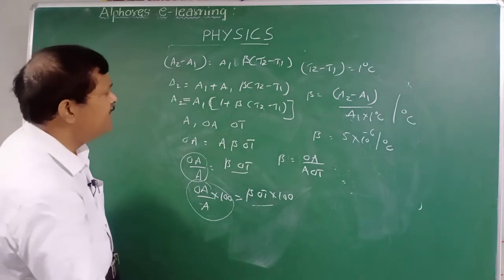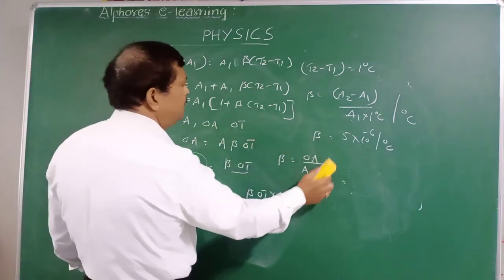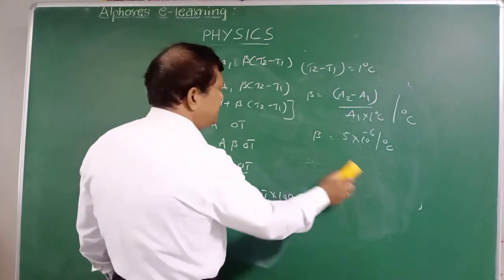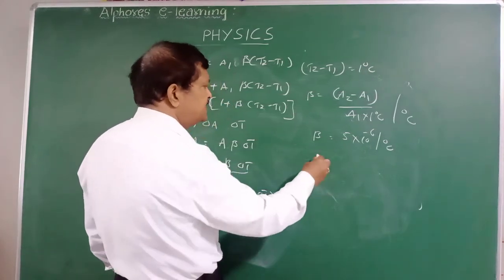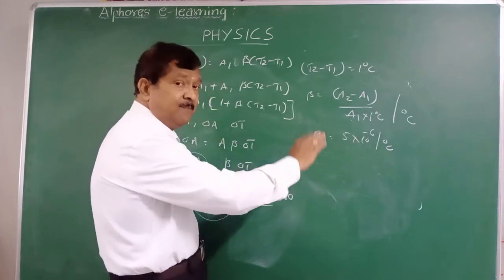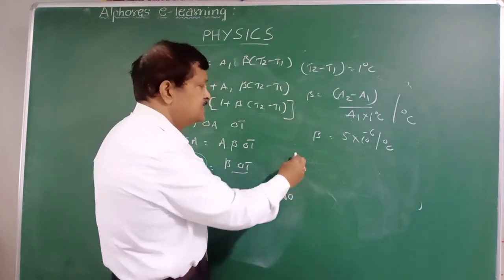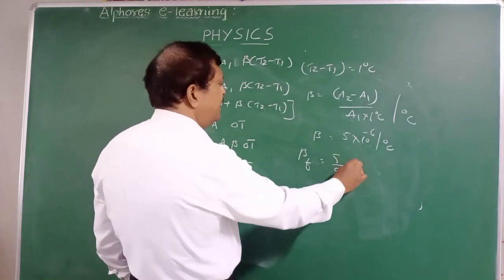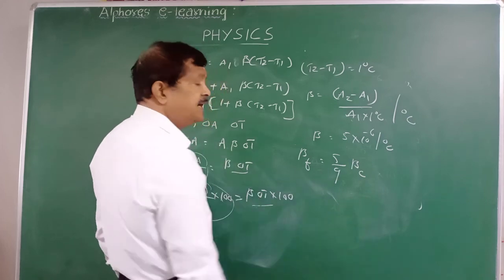Again, to convert the values of beta from centigrade to Fahrenheit, because we are giving per degree centigrade, we can express it in a similar way, because a centigrade degree we can write as 9 by 5 degree Fahrenheit. So beta in Fahrenheit we can write as 5 by 9 of the value of beta in centigrade scale.